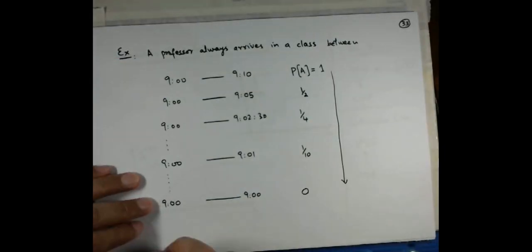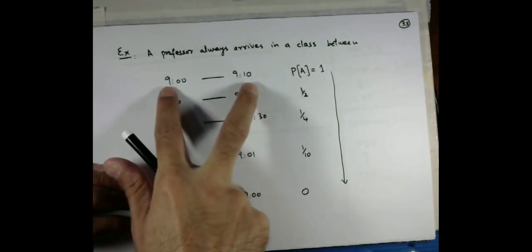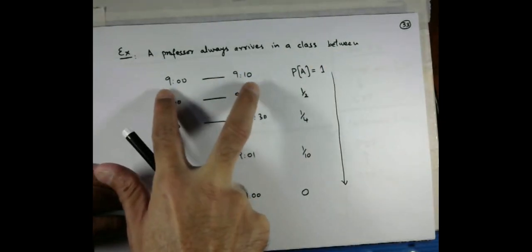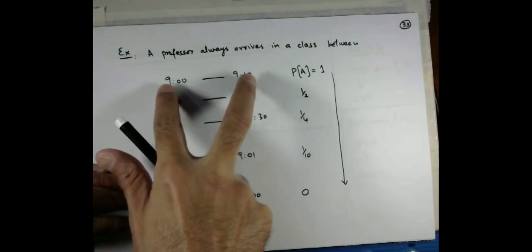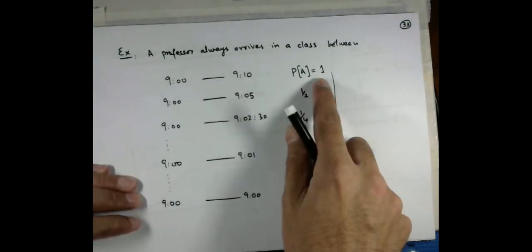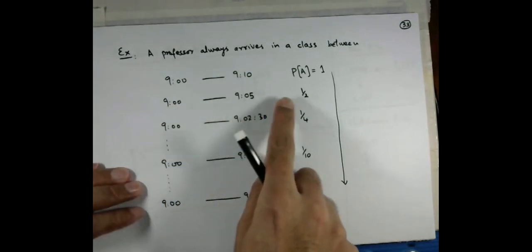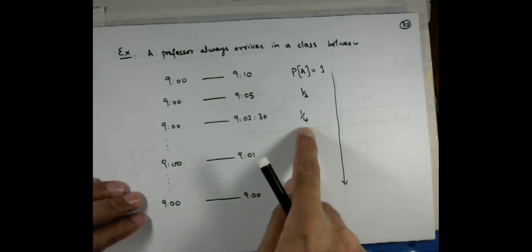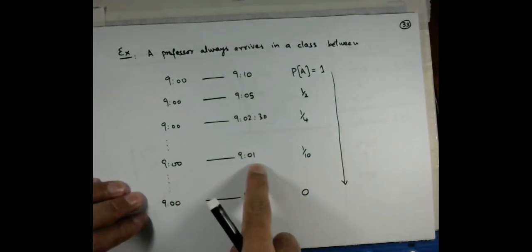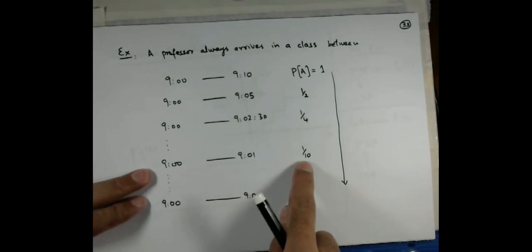I gave you a quick example of a professor always arriving in a class in a 10 minute interval. If A is the event that the professor arrives in the 10-minute interval, then this probability is equal to 1. If you reduce the interval to 1/2, the probability reduces to 1/2. 1/4, the probability reduces to 1/4. 1/10 of the total interval, the probability that the professor arrives in the first minute is simply 1/10.